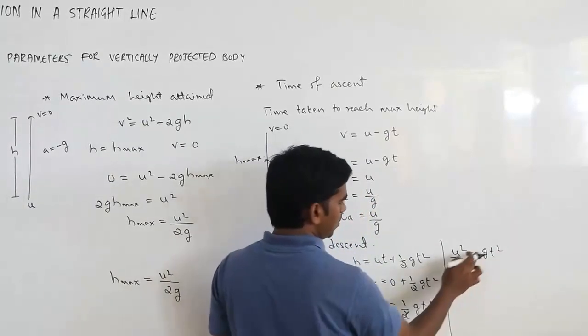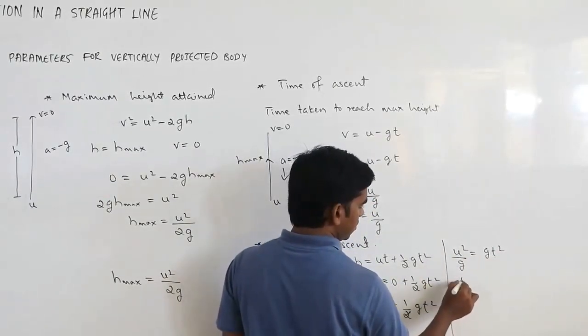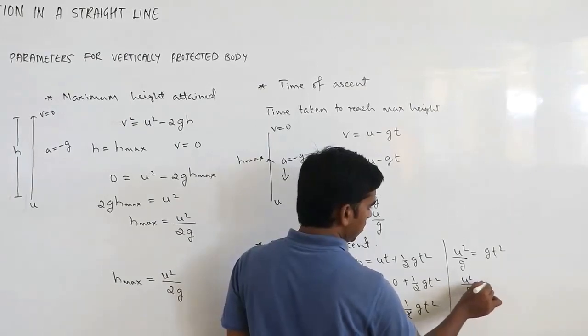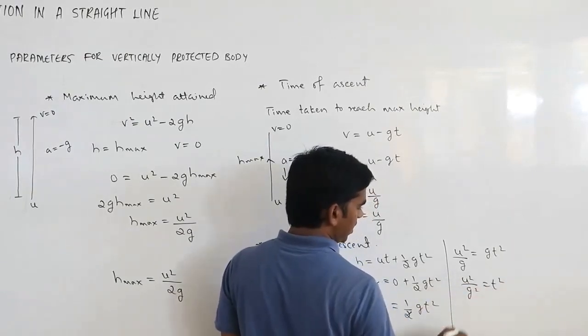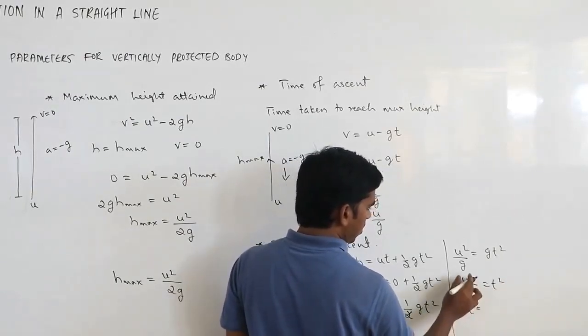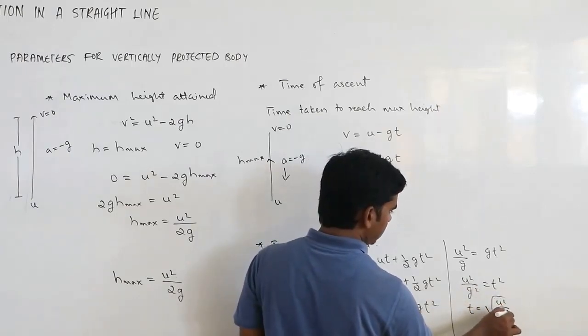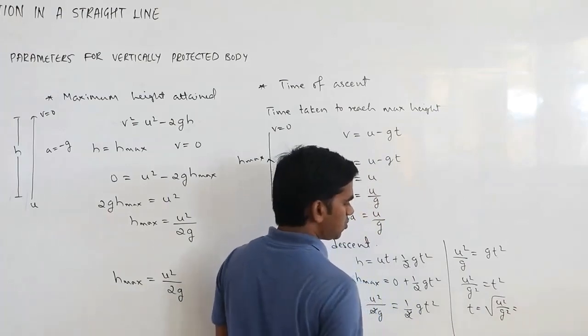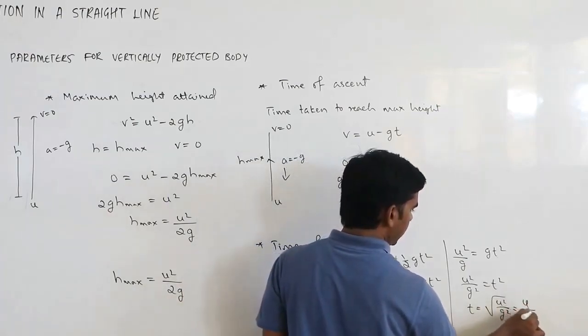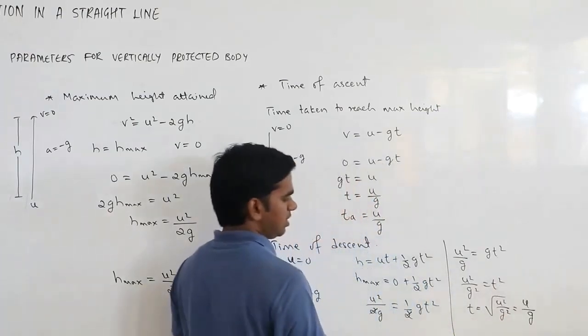Take g on this side, so u square by g square equals t square. So t equals root of u square by g square, which is nothing but u by g.